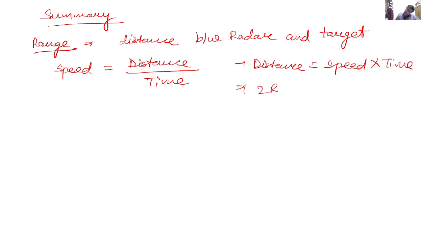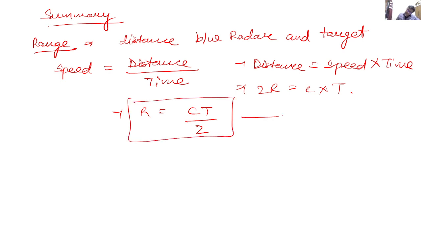So distance is twice because it's propagating the same direction twice, equal to c times t. So this gives r equal to ct by 2. We did that already, by the way. Let's proceed further. Now there is another term known as the pulse repetition frequency.